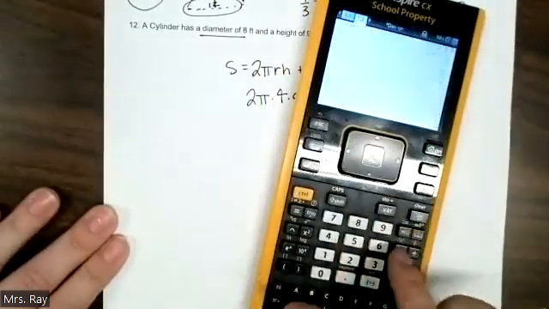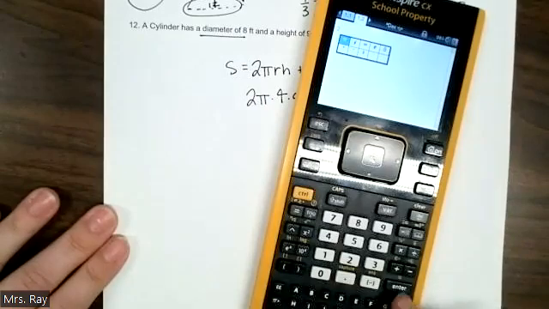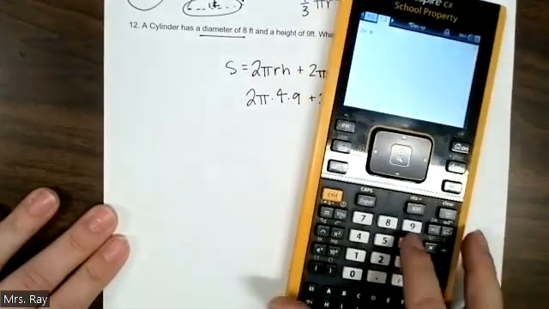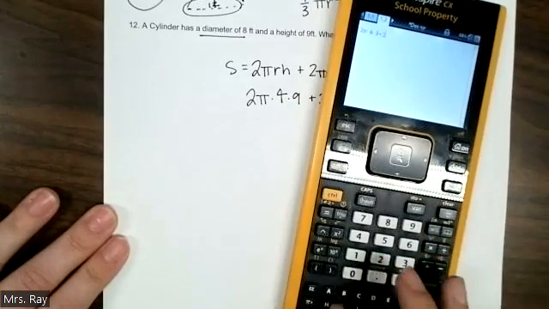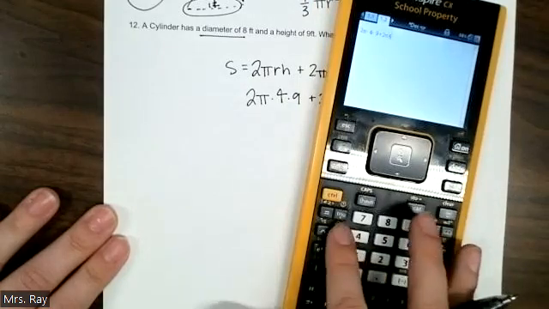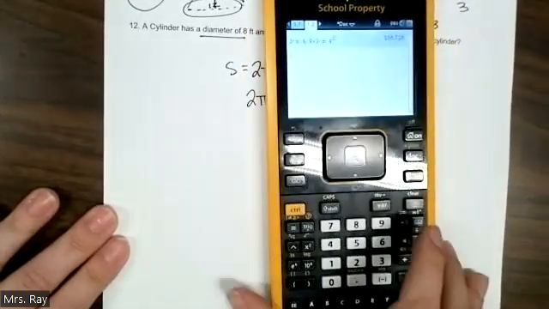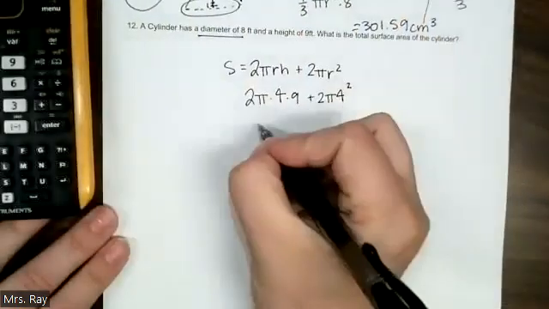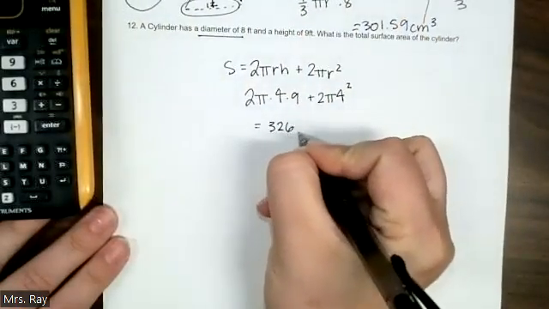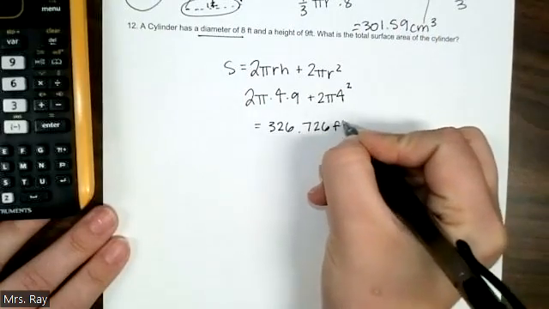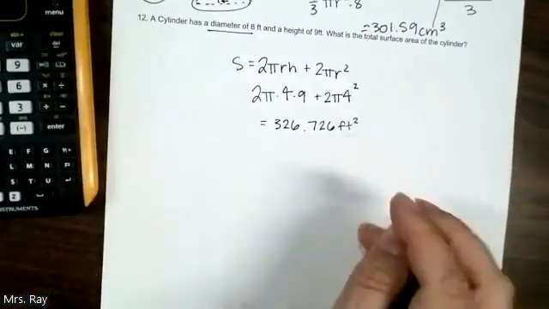Let me clear this out. 2 pi 4 times 9 plus 2 pi 4 squared. So you can see I just typed that whole thing in there all at once. You hit enter, and the answer is 326.726, and this would be feet squared for the surface area.